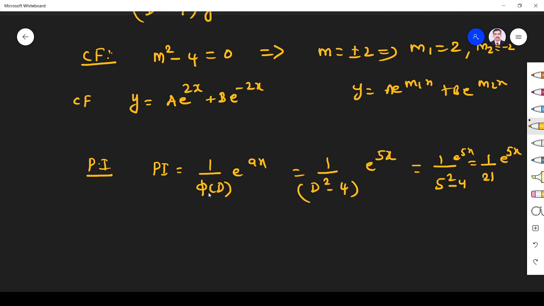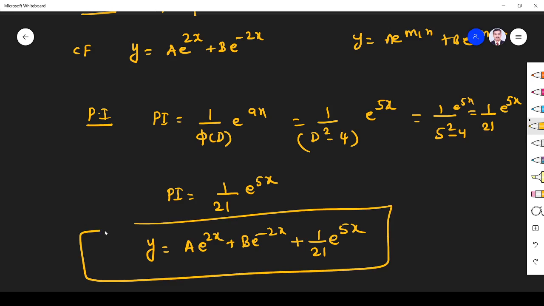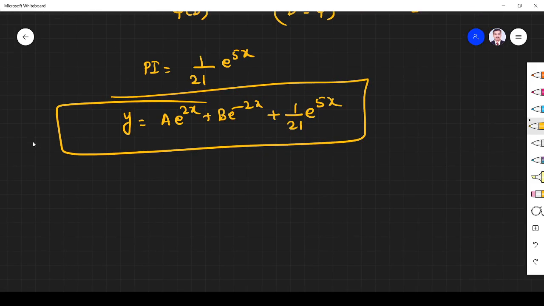This is not 0, so this is our particular integral. So we got both CF and PI. The solution is y is equal to the complementary function A e power 2x plus B e power minus 2x, plus the particular integral 1 by 21 e power 5x. Simple problem, right?